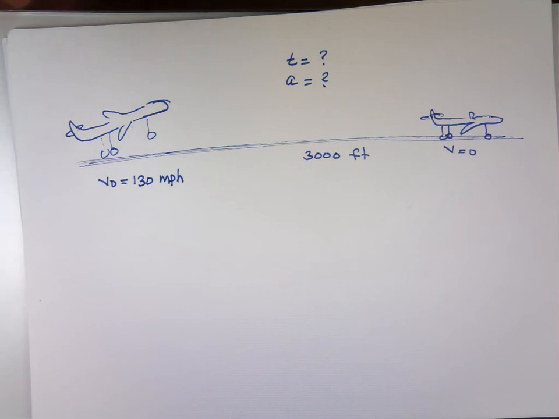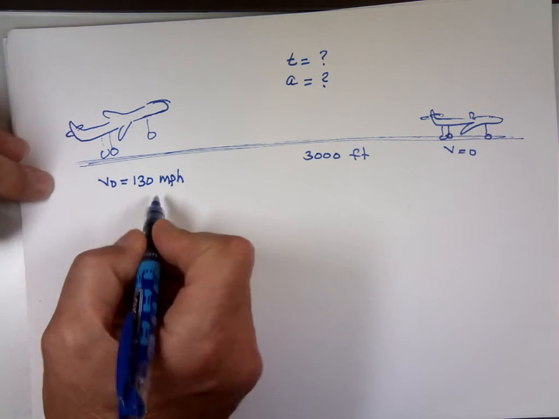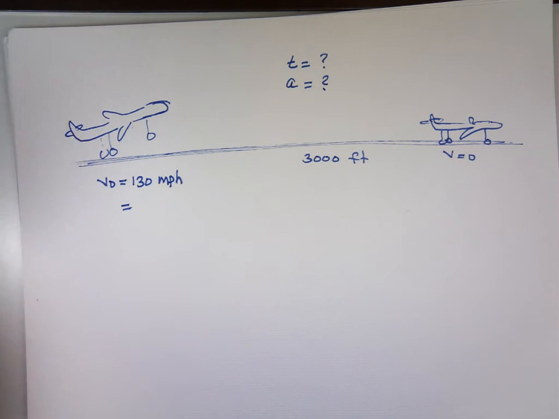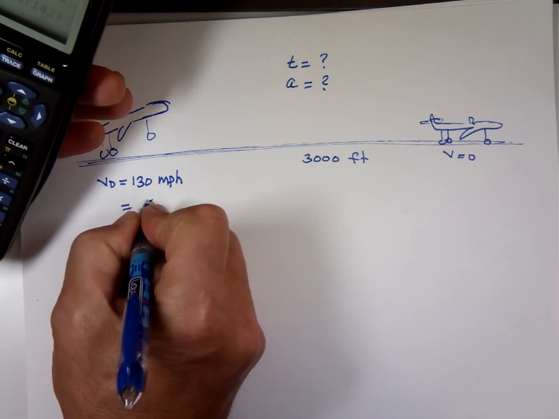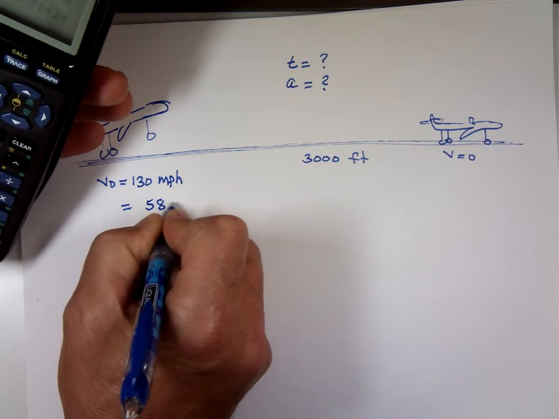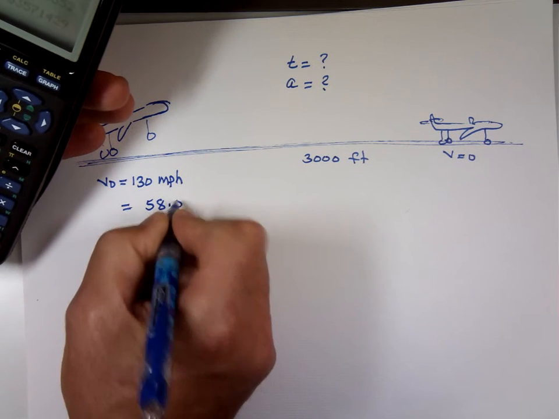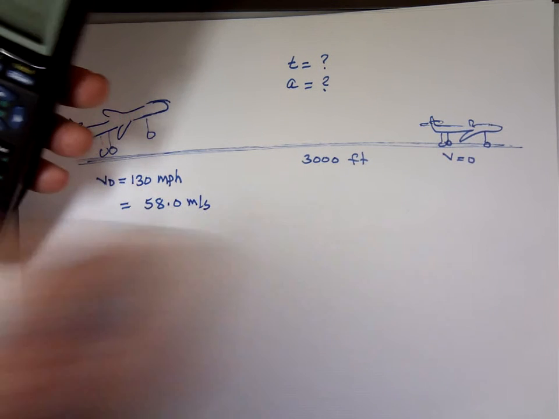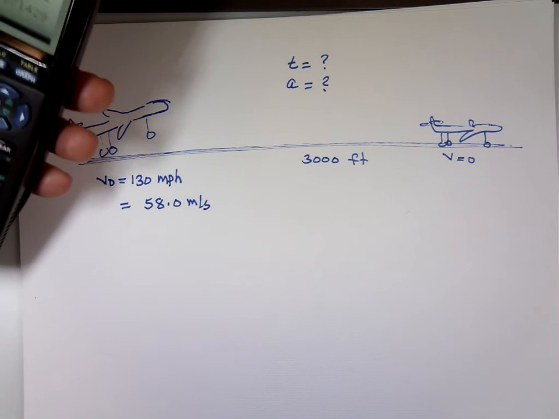So let's convert that. From miles per hour to meters per second, you divide by 2.24. So the plane is going at 58.0 meters per second. 3,000 feet. How many meters?